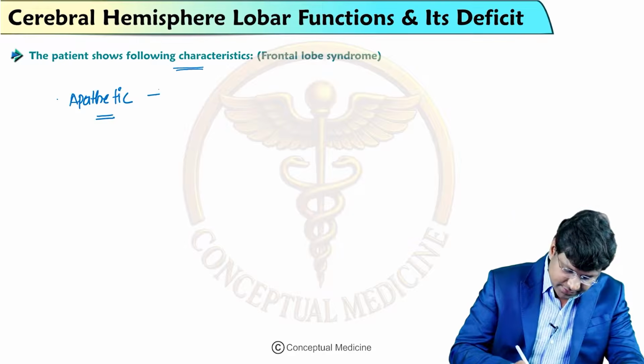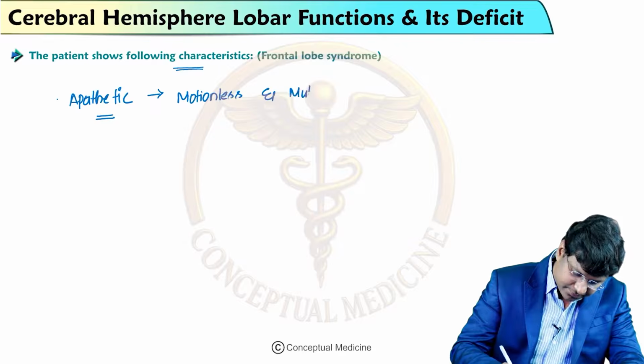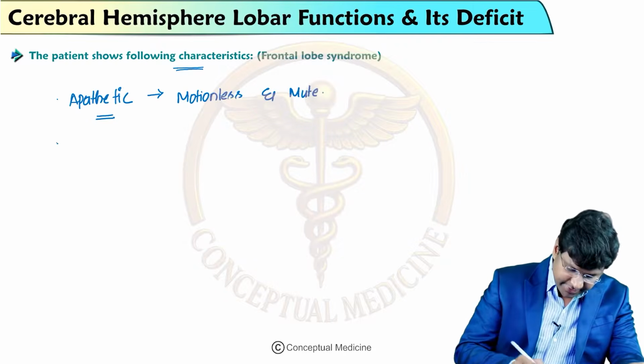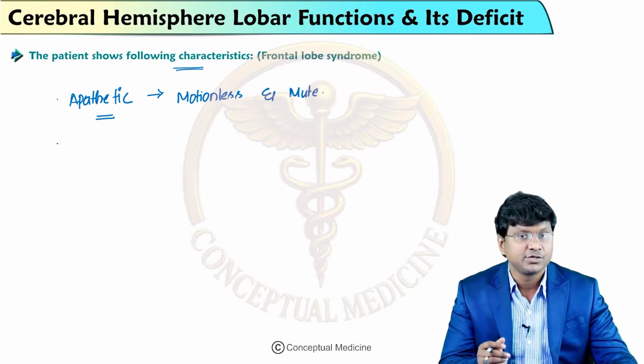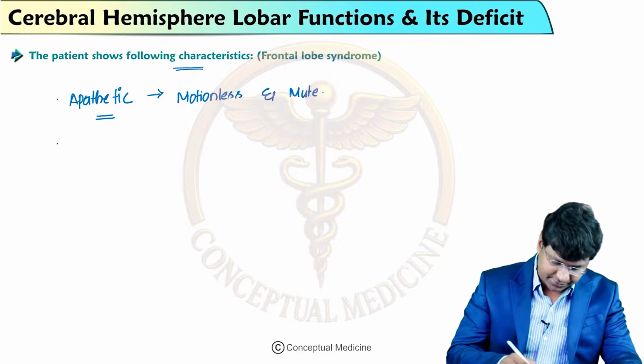That is, the patient becomes motionless and mute, right? Second important in case of the frontal lobe syndrome is the patient becomes irritable and there will be syndrome of disinhibition.